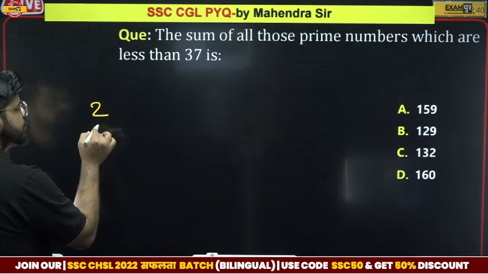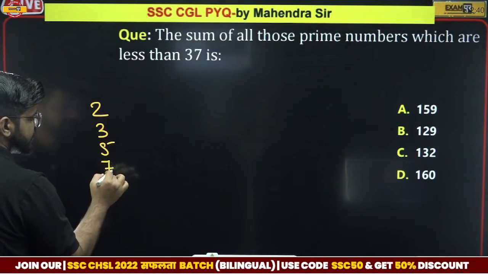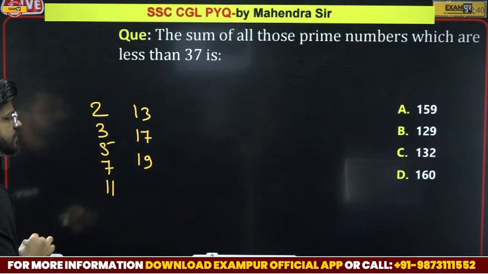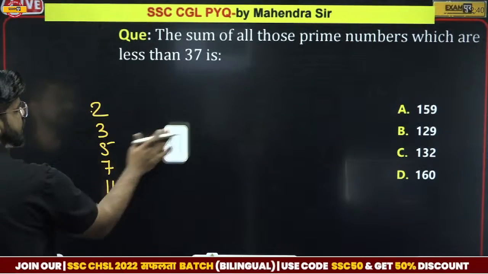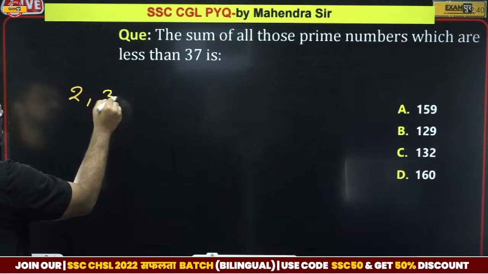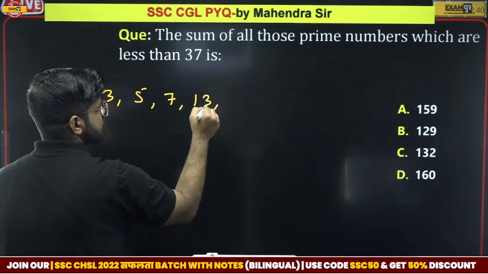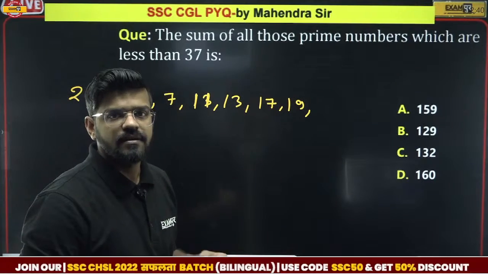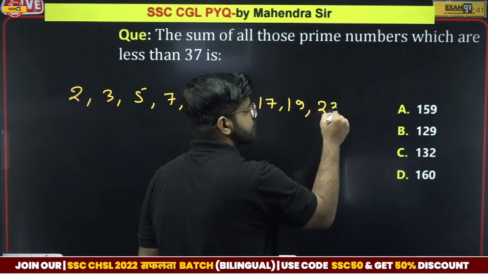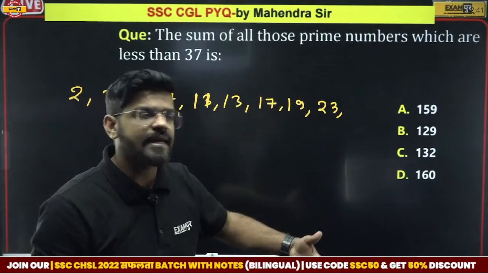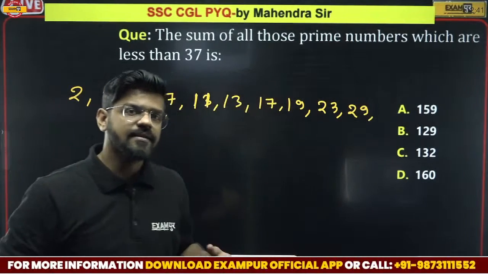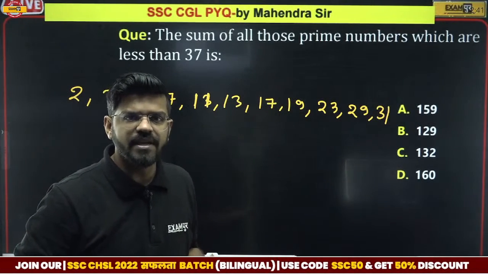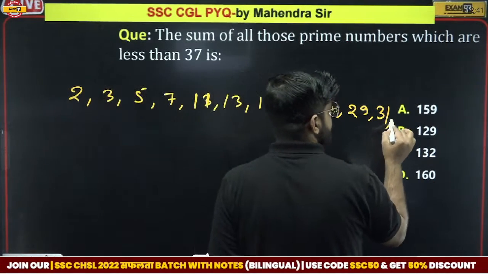So we know that 2, 3, 5, 7, 11, 13, 17, 19, then 23, then 29, then 31, and 37.